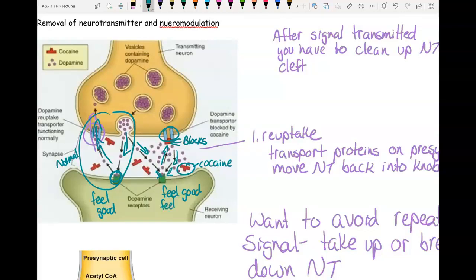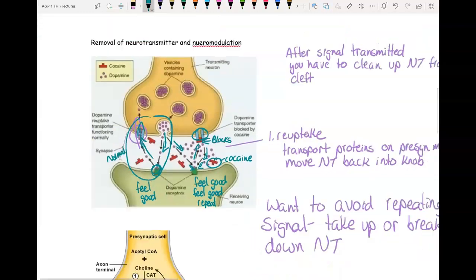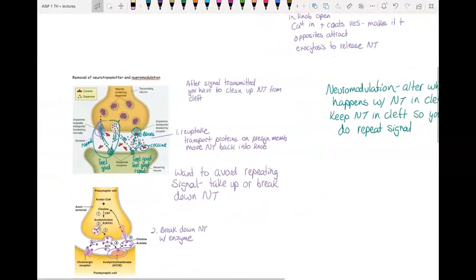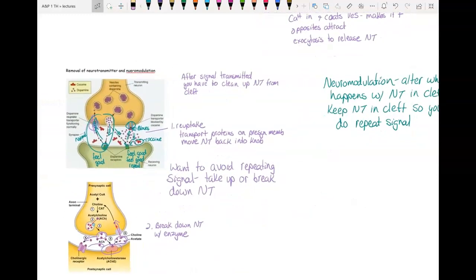So then you get another feel-good signal. And this just keeps repeating over and over. Every time the dopamine tries to get back in, the cocaine is there blocking its way, so it bounces back, binds to the receptor again, and then you repeat the signal.